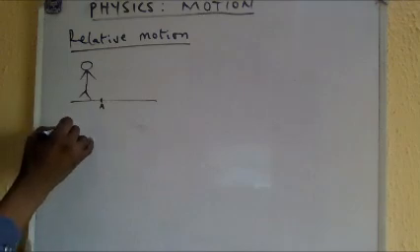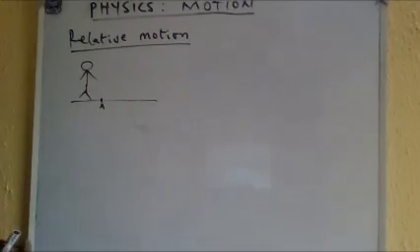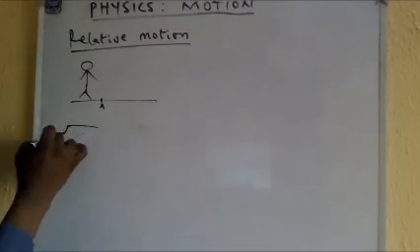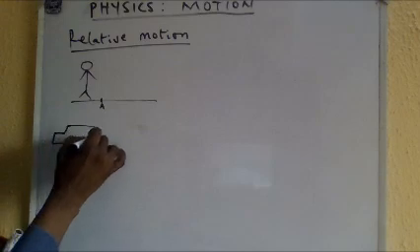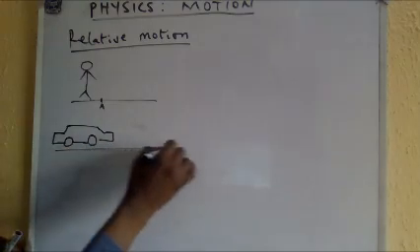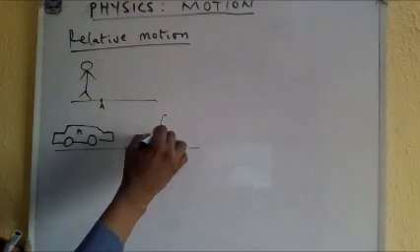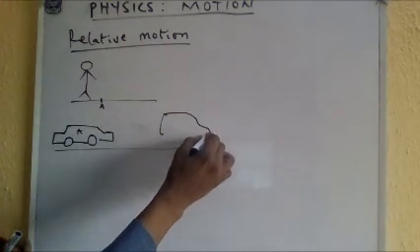Sometimes a car can start a journey. I'm trying to just explain the concept of relative motion. Let's call this one car A, and a car B here. Let me use another one, maybe a Jeep or something.